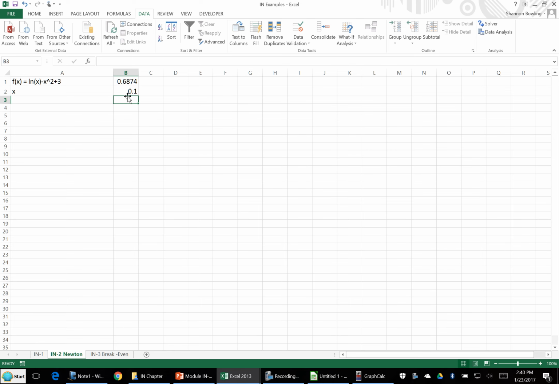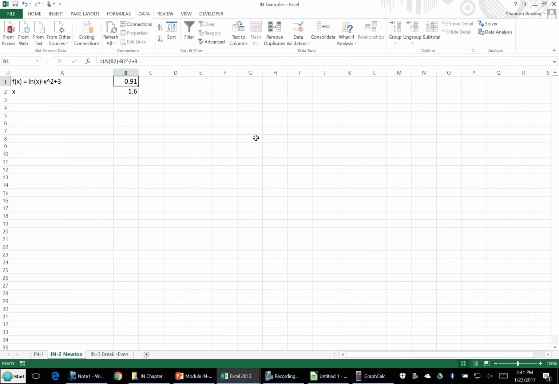Let's suppose I put in 0.1. And this is the actual function. So notice that I'm taking the natural log of B2, which is x, minus B2 squared, which is x squared, plus 3.